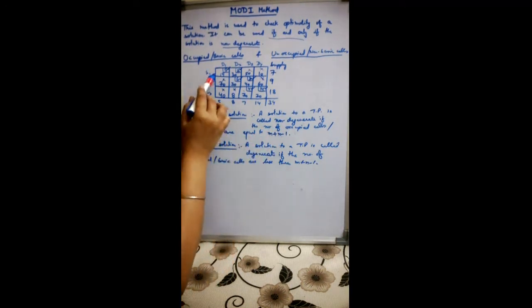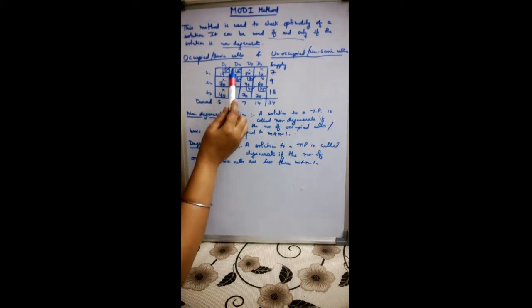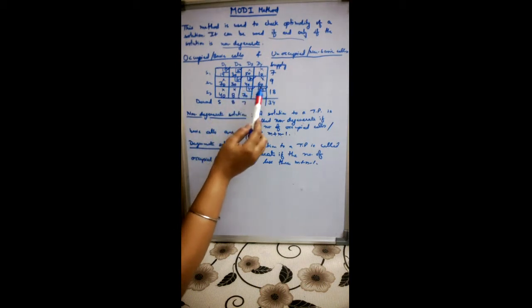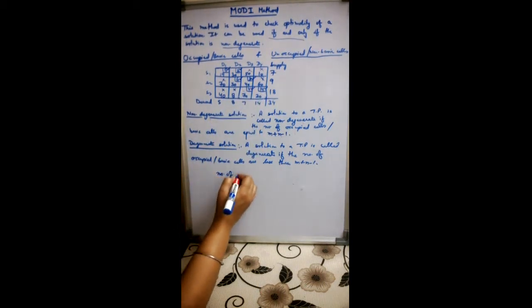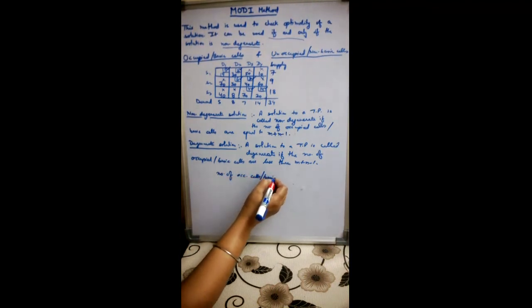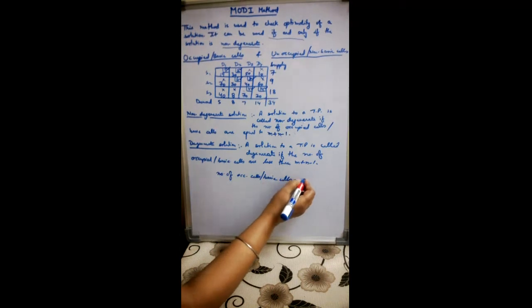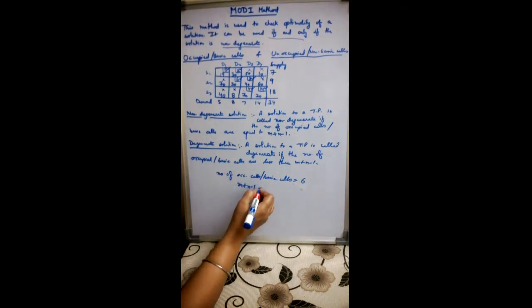Taking this particular example, the number of occupied cells or basic cells is 1, 2, 3, 4, 5 and 6, so 6. And what is the value of m plus n minus 1 for this example?